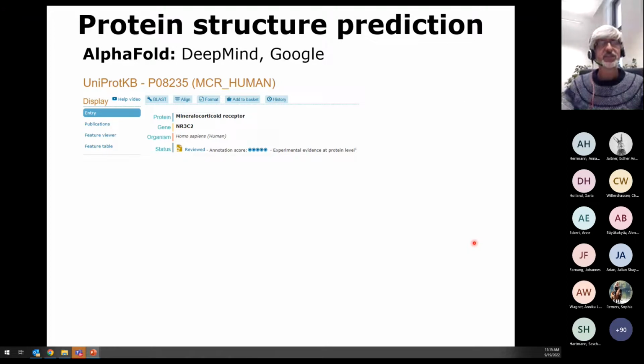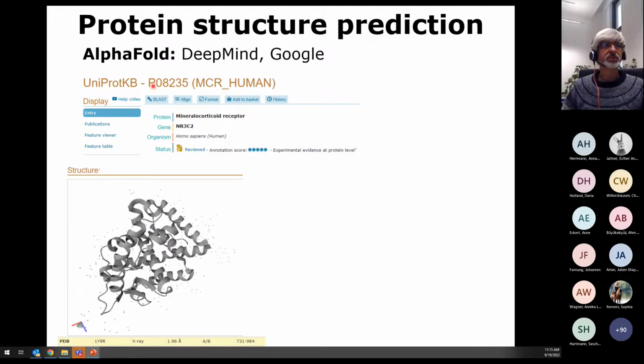So how to access these predictions? This is changing very much because AlphaFold recently predicted the structures of all the proteins, the millions of proteins that we have in UniProt. But they have to see how they make this data available. This will change probably. If you hear this video in some months, it will be different. But currently at this point, for example, for human proteins, you can go to UniProt.